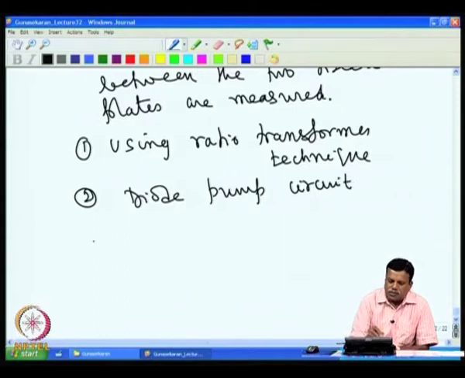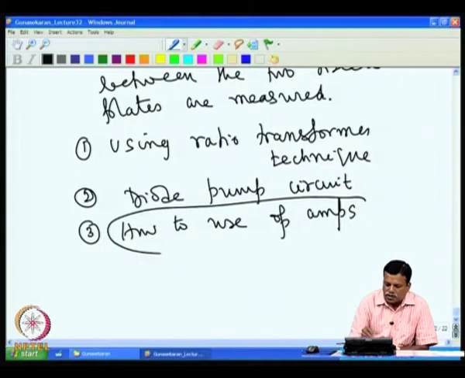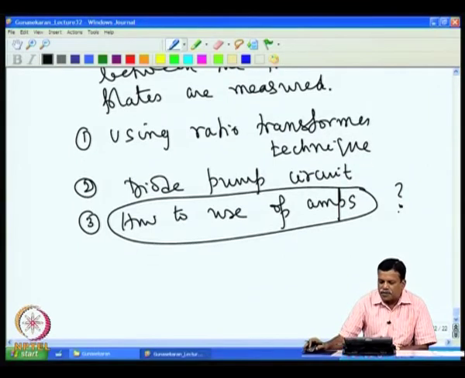Now, we discuss how to use op amps effectively for capacitance measurement, because this is what we are going to discuss more in this lecture.